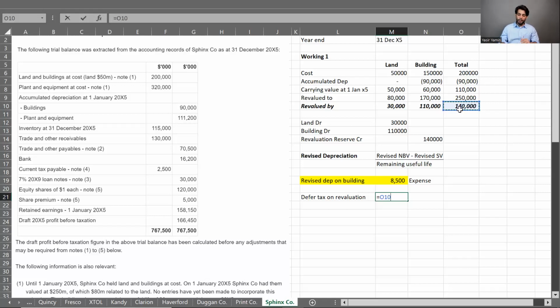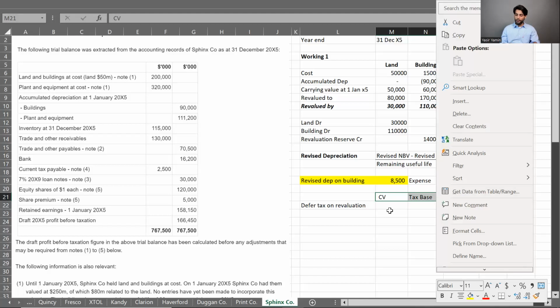I can do it for you, guys. Deferred tax on revaluation. I'll just make 3 columns. One column for carrying value, the other column for tax base, and the difference of these both is known as the temporary difference. I'll just middle align this so that it looks more appealing to you guys.